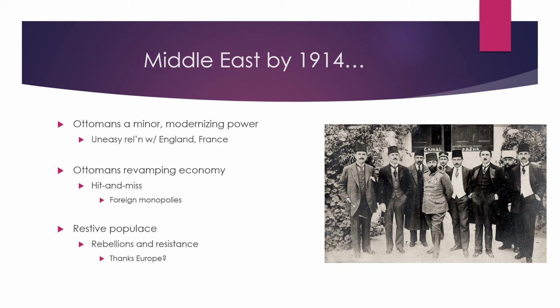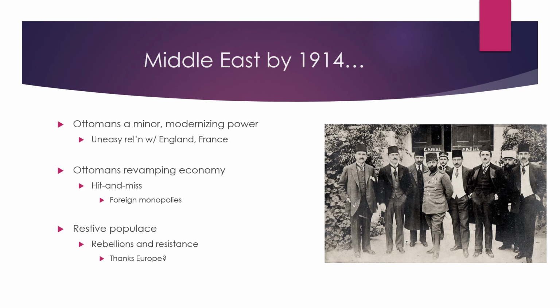Ottoman revamping of the economy is rather hit and miss. That Tanzimat that I mentioned before kind of collapses. It doesn't really have the staying power, especially when you get some repressive sultans who are very conservative, closed-minded, and religiously influenced.